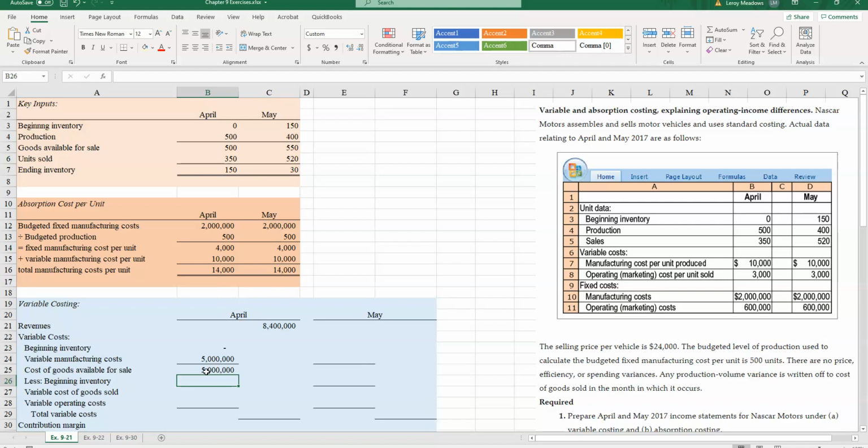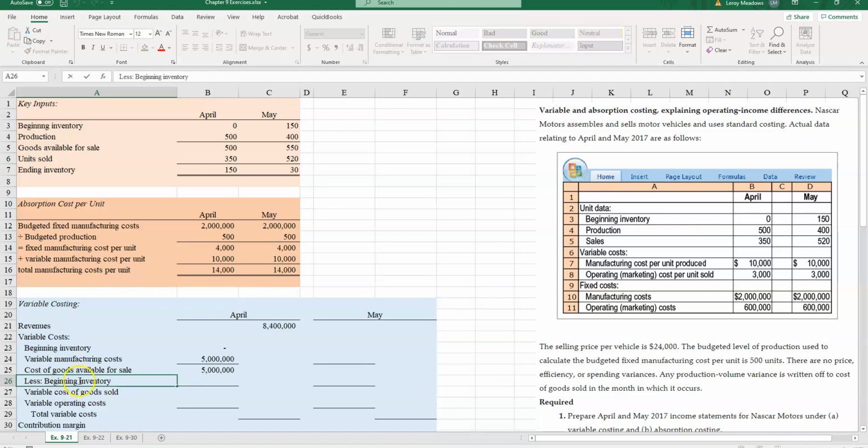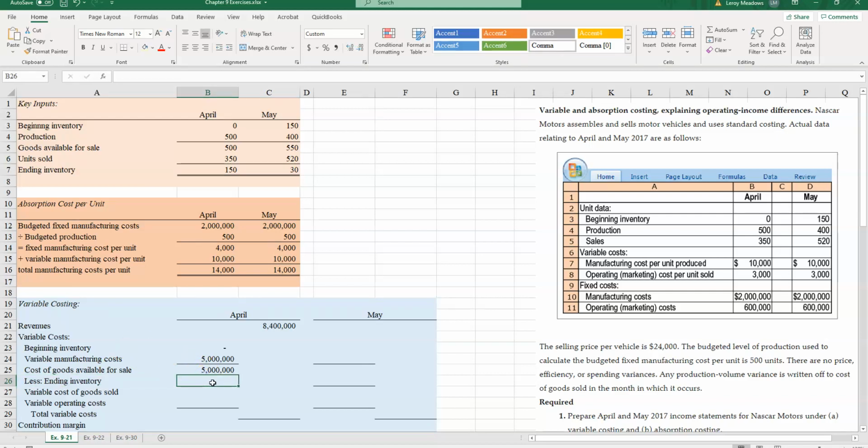And then I'm going to deduct my ending inventory here. I should not have typed that as beginning inventory, less ending inventory. So how much in ending inventory do I have? Well, I had ending inventory of 150 units, and variable manufacturing costs are $10,000 per unit.